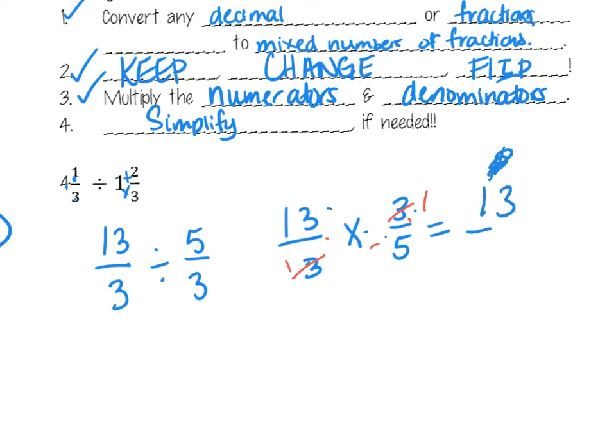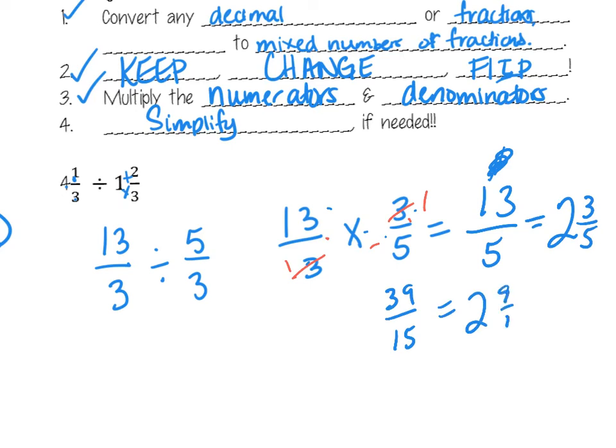And then 1 times 5 is 5. The other way you would have got 39/15. It's all going to come out good, but you're going to get 2 3/5. This would give you 2 9/15, which would reduce again to 2 3/5. Okay, not too bad, right?